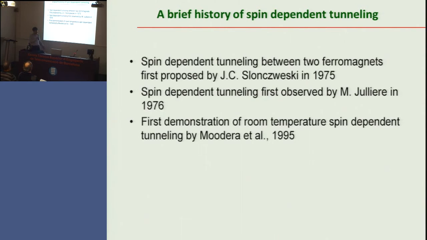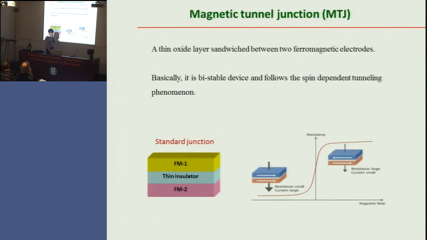After that came experiments and also the model suggested by Julliere, that by measuring tunneling magnetoresistance, one can estimate the spin polarization of each ferromagnet. That was in 1976. And the first demonstration of room temperature spin-dependent tunneling was by Moodera in 1995. And the concept is actually very simple.